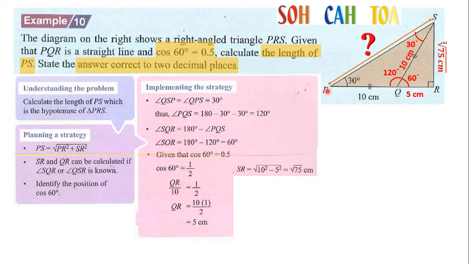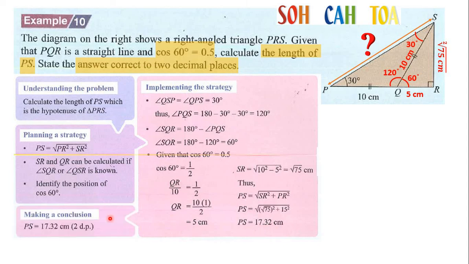Now you already know the lengths of PQ, QR, and SR. So the last step is to find the length of PS by using Pythagoras theorem. The last answer you should state correct to 2 decimal places: 17.32 centimeter. Making conclusion, PS is 17.32 centimeter when you round off correct to 2 decimal places.